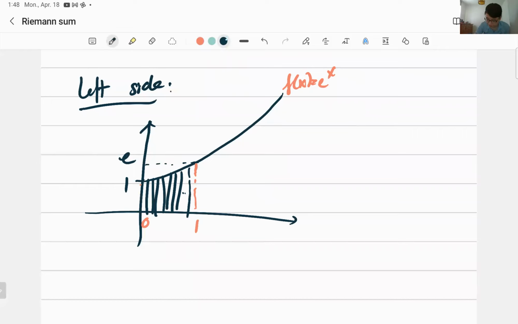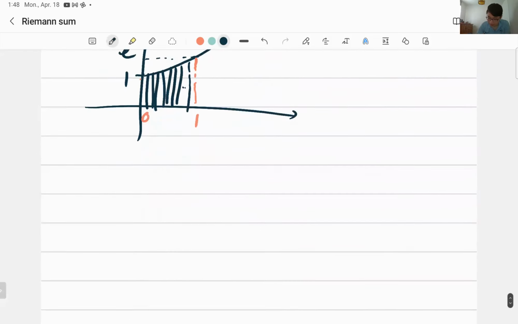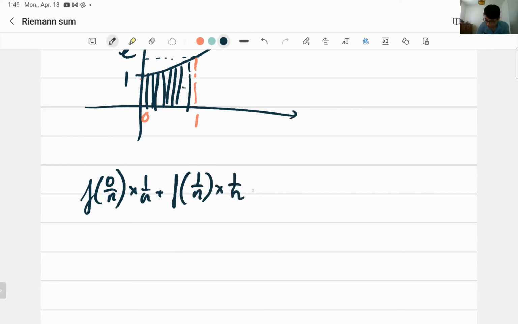The first term is f of 0, but zero plus something is equal to itself, so I don't bother to write it. Start with f of 0 over n times 1 over n, plus f of 1 over n times 1 over n, plus up to f of n minus 1 over n times 1 over n.